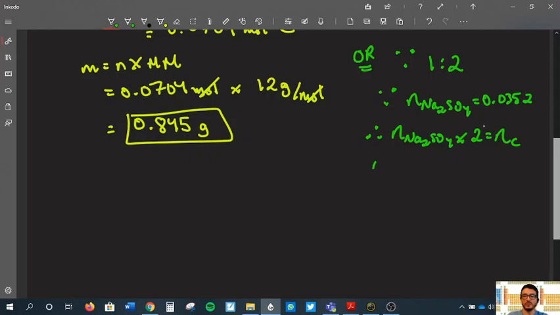So the number of moles of carbon, you just plug into your calculator, is 0.0352 times 2, and we get the same answer, 0.0704 moles of carbon.